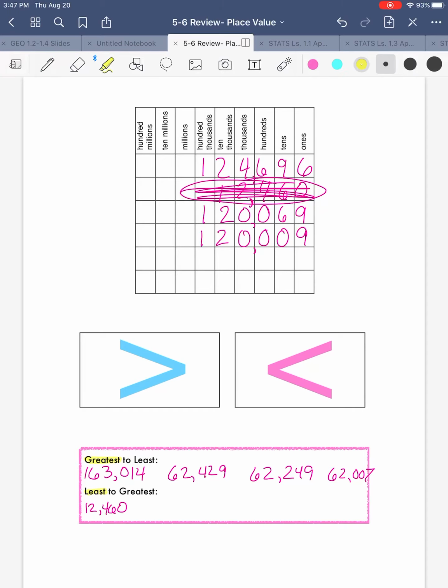So now we're going to keep going, and we're going to go to the 10,000s place in the other numbers. I don't see one that's less than the others. They all have 2s. Now I'm going to go to the thousands place. Now this time in the thousands place, there is a difference. This number has a 4 in the thousands place, but these have 0s.